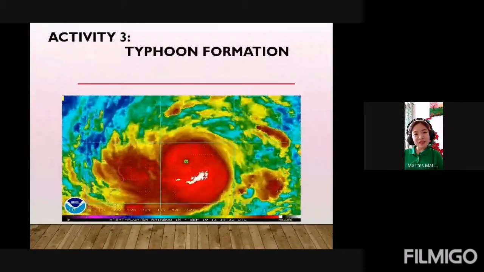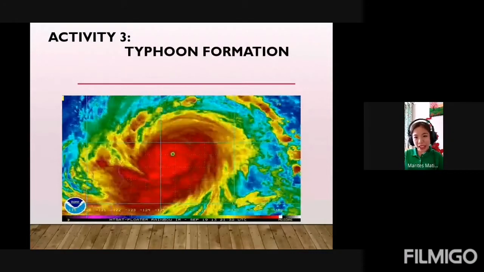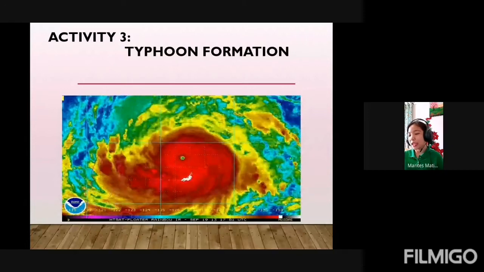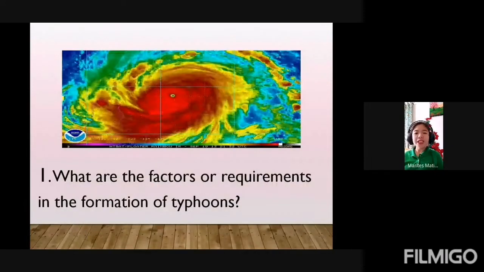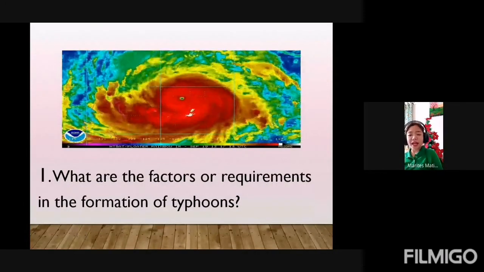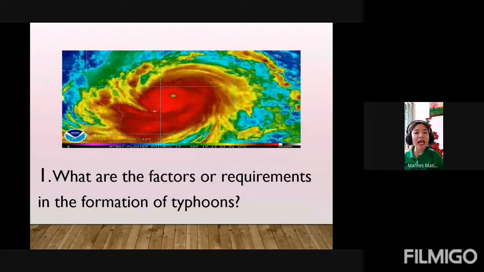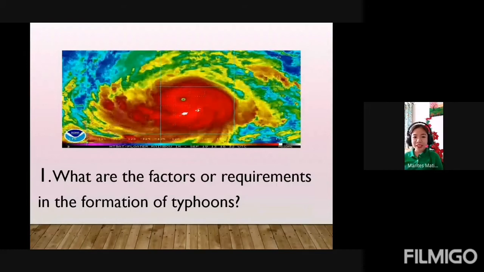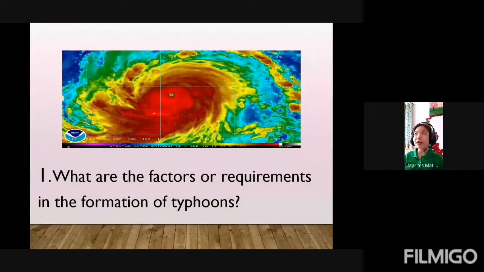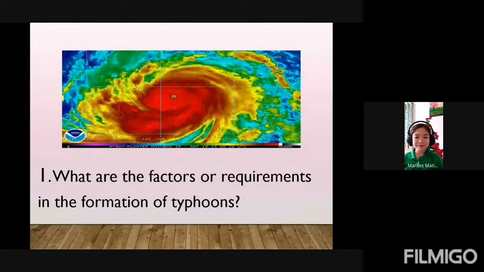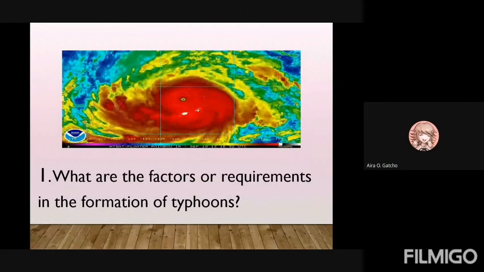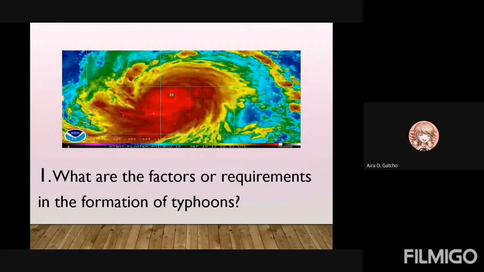For our activity number 3, typhoon formation pa rin tayo. So, let's review what are the factors or requirements in the formation of typhoon. Again, yes, Ira. Give at least 2. Ma'am, yes, temperature po.